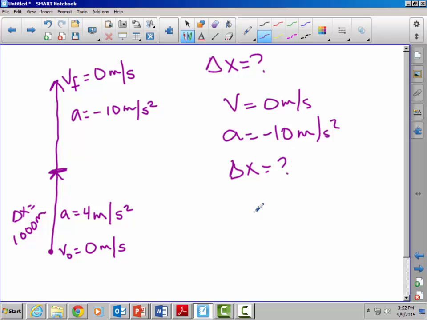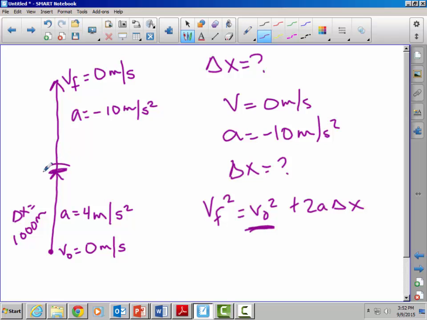So if we look at our formula chart, which I hope you guys have in front of you, you can see we can almost use a couple. We can almost use the displacement formula, and we can almost also use this one. But in order to use this one, I would need to know the rocket's initial velocity at this chunk of movement.